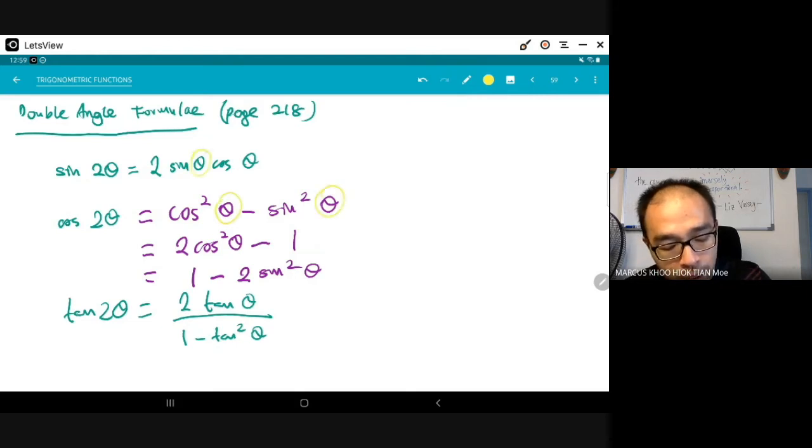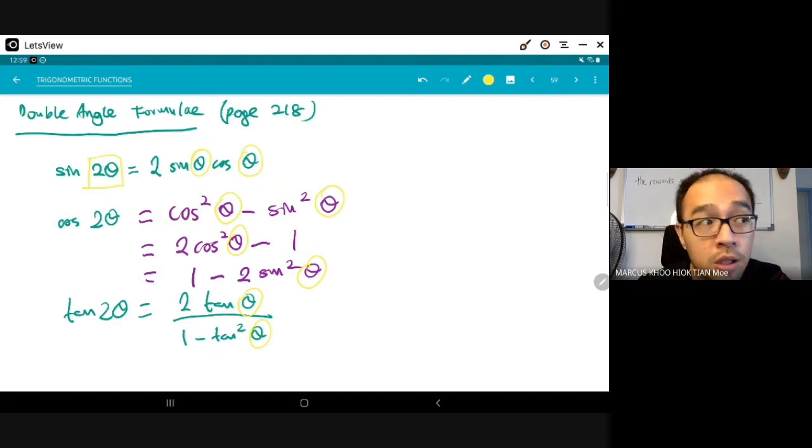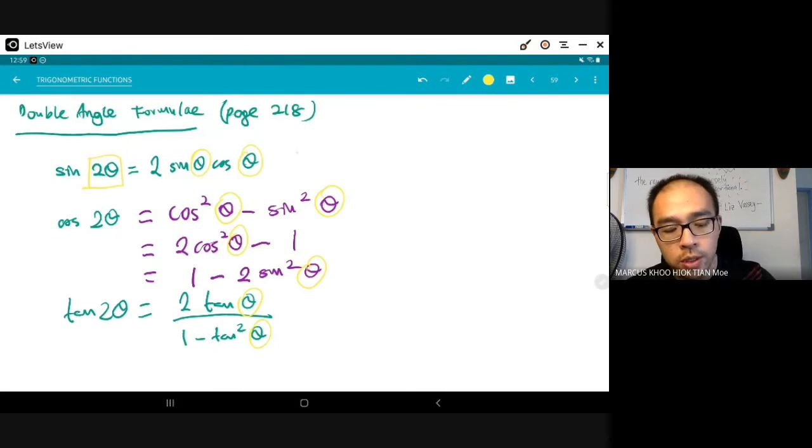Instead of 2 theta, it all becomes just theta. Originally it's 2 theta, and in the formula it doesn't maintain the 2 theta, the double angle.